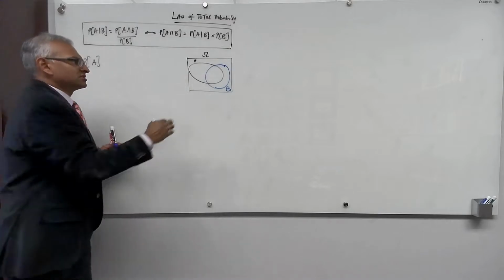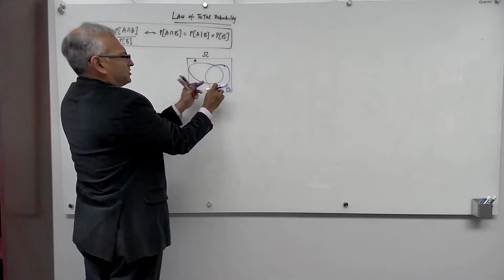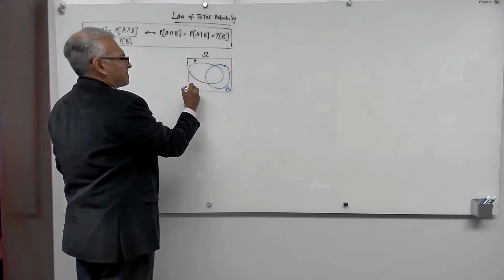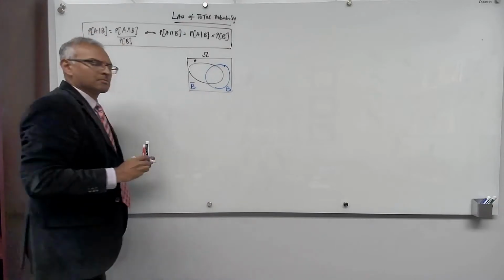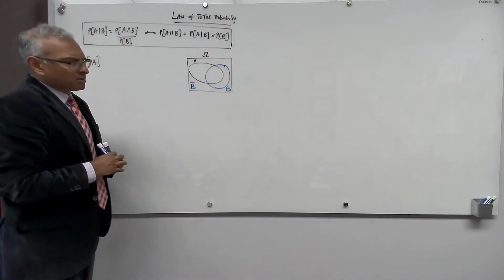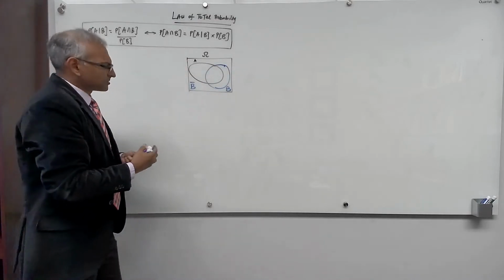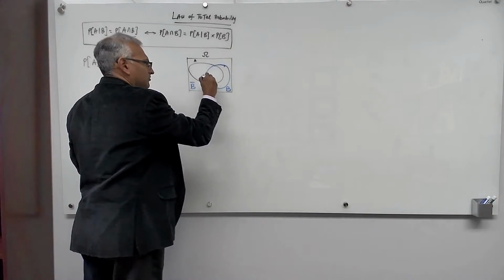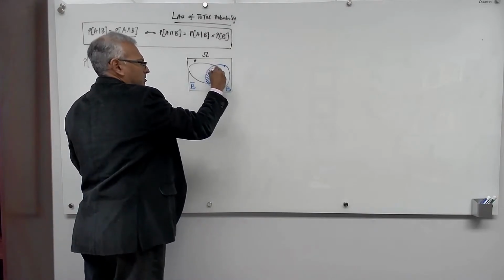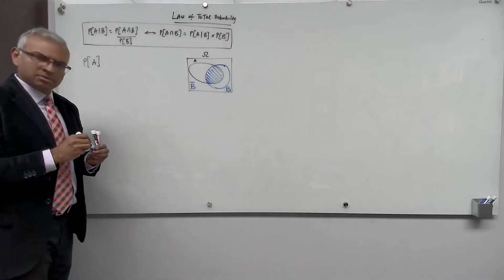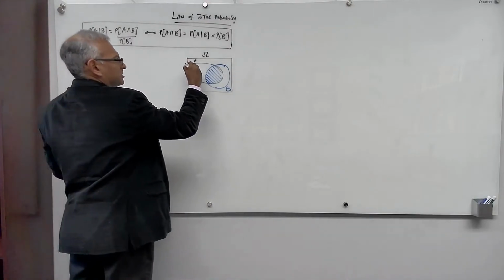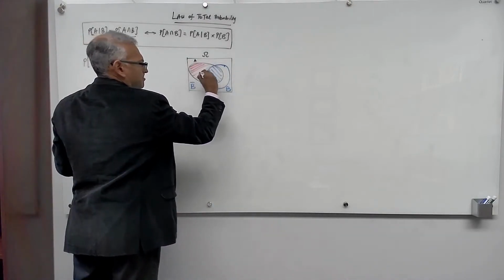So if this is the event B, then outside of this event B is the event B bar, the complement of B. And observe that the event B breaks up A into two regions. I'm going to color the first region blue, and the second region red.